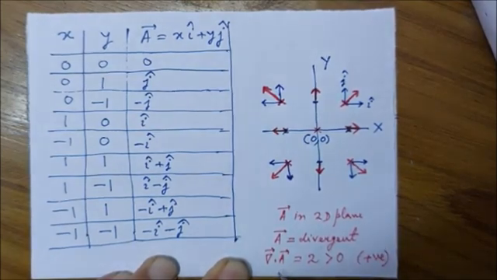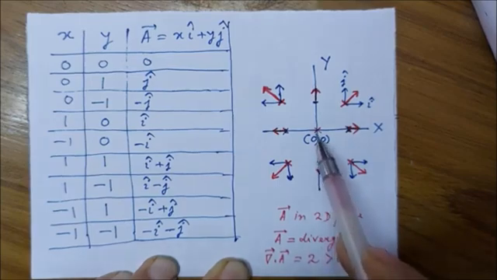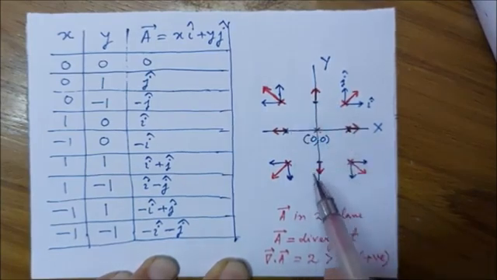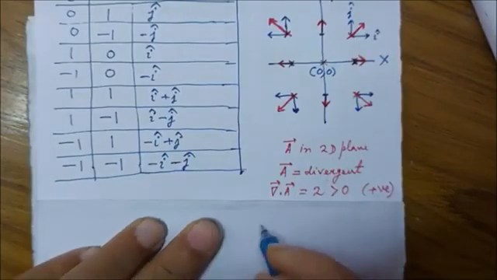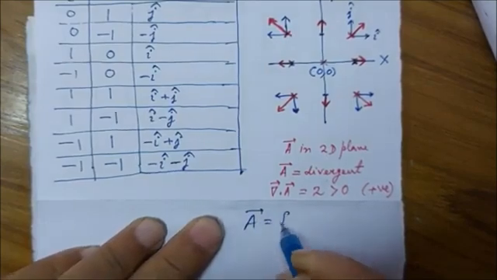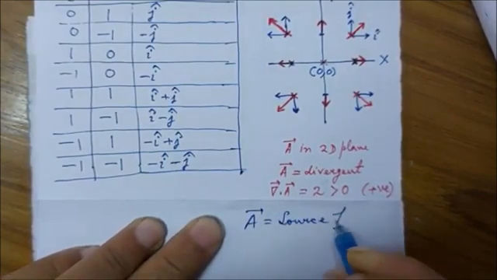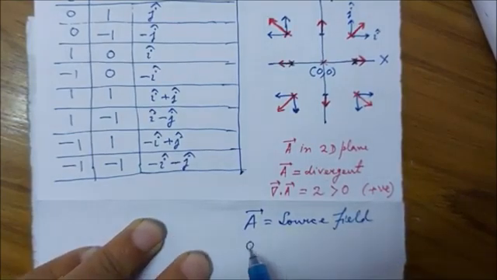So this is the power of mathematics, where without going into a plot we can predict the nature of vector A, which we find to be divergent. Now this common point of divergence is a point from which vector A spreads out or diverges, and therefore this point is called a source point. So we can write vector A to be a source field, and the origin is the source point.